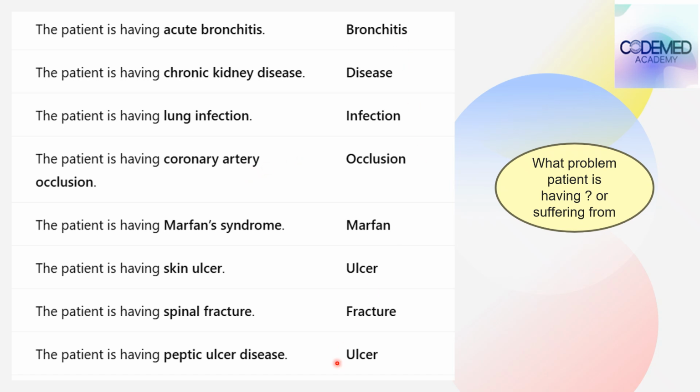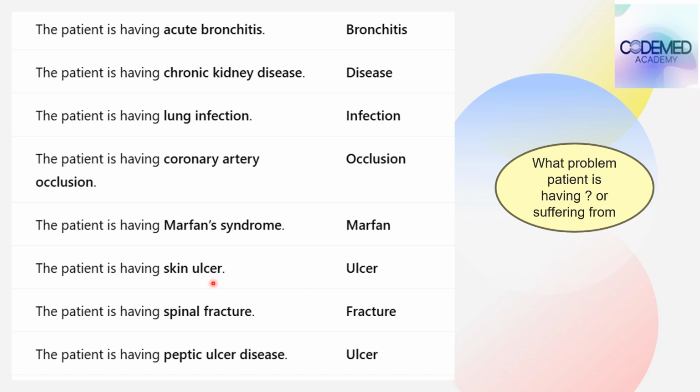So I have given certain examples. Or the patient has Marfan syndrome. Now this is an eponym because there is an apostrophe s. In this case, either you can look under Marfan or you can find it under syndrome, because what is happening to the patient is a syndrome. So I can either take syndrome, or if I don't find it under syndrome, then I can go directly to the term Marfan.